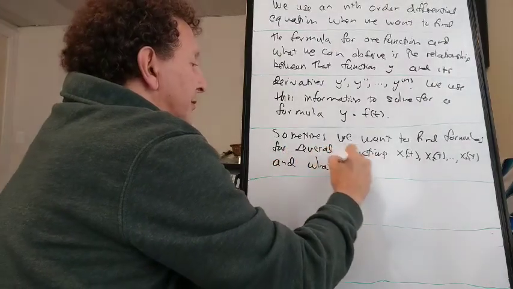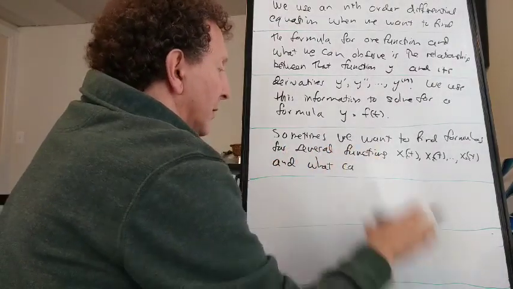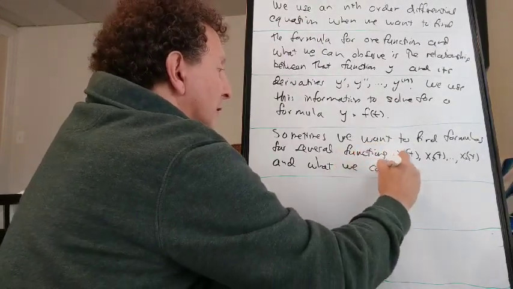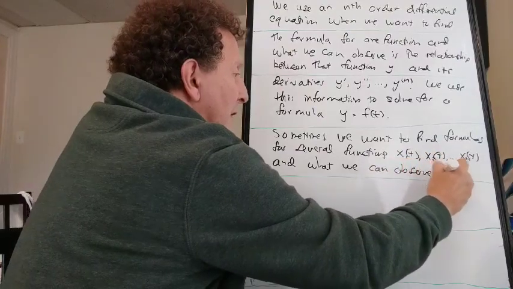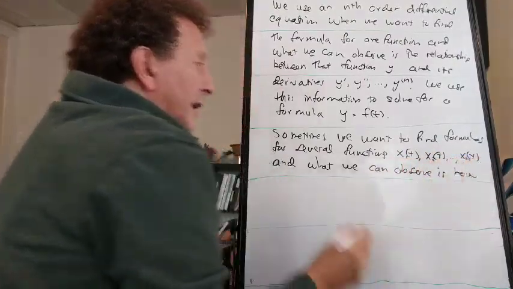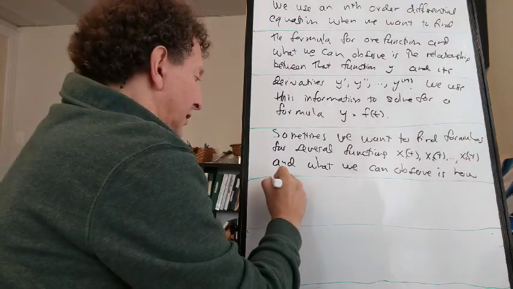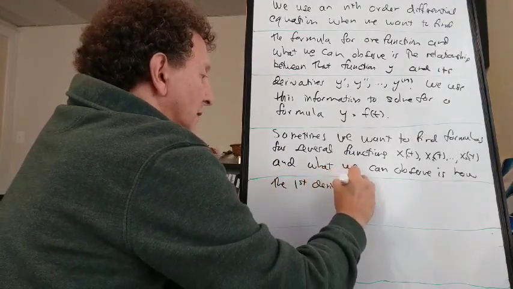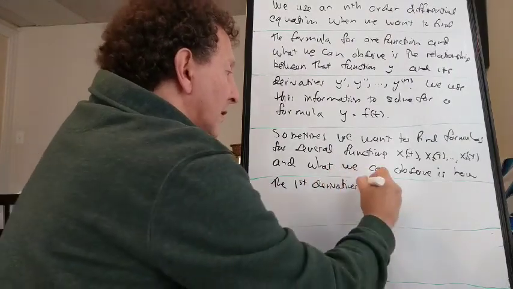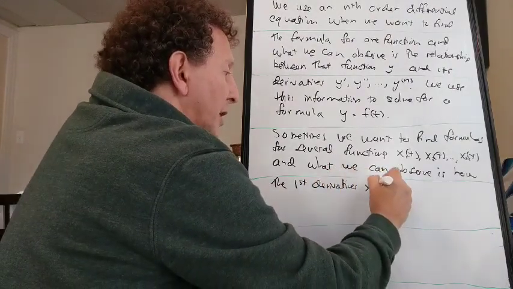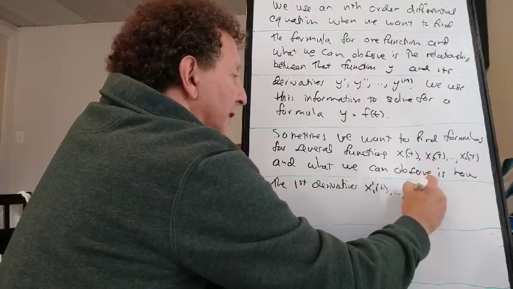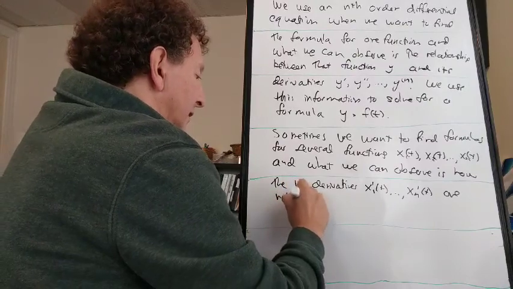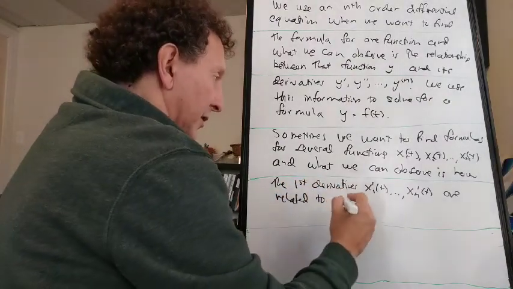And what we can observe is how the first derivatives of these functions, x1 prime of t up to xn prime of t, are related to the functions themselves.